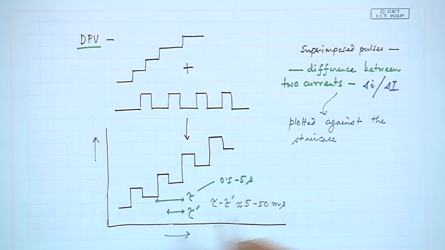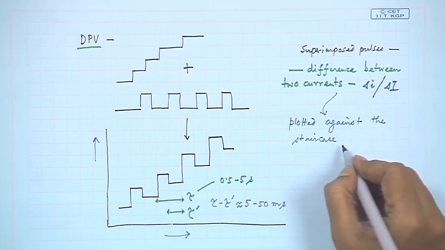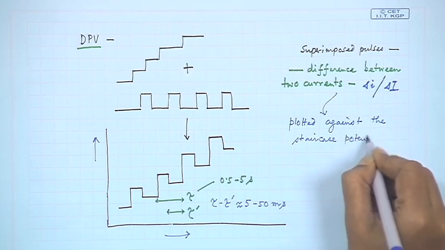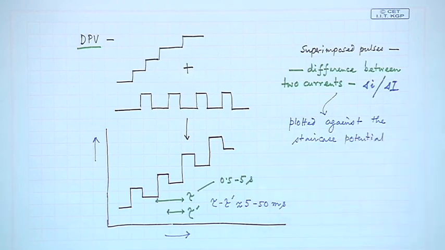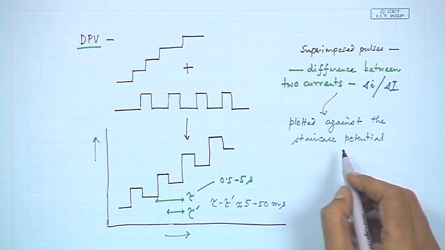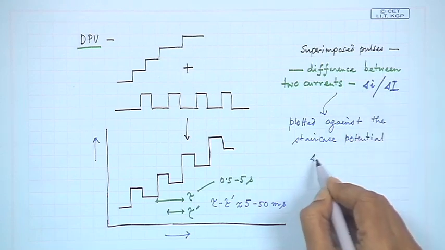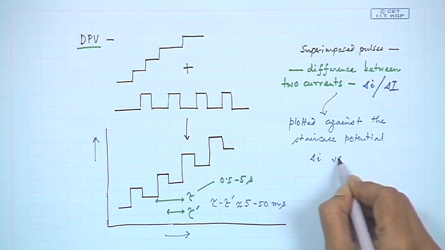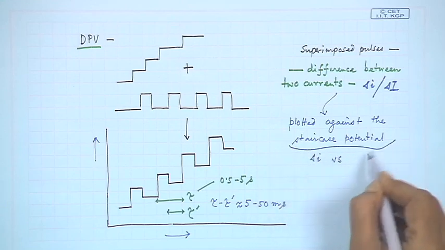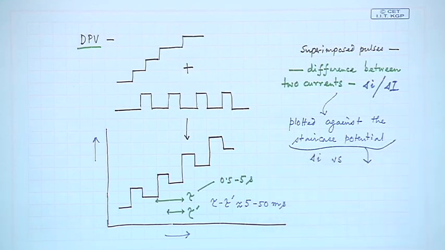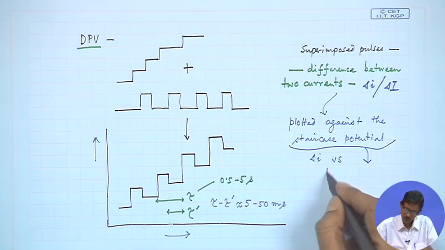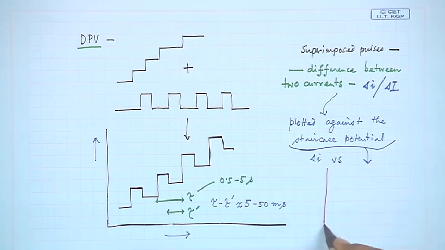This is your time axis. So, we get this delta I versus staircase potential, which will give rise to all these things, and how we will analyze it we can discuss in our next class.